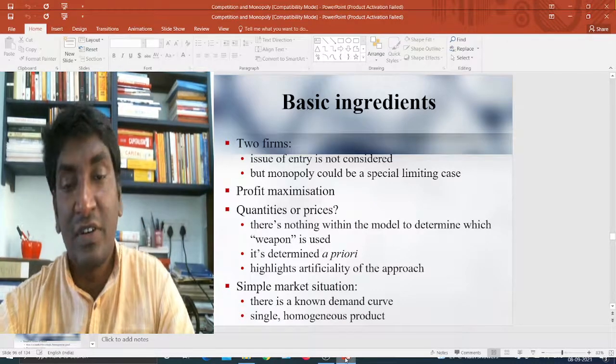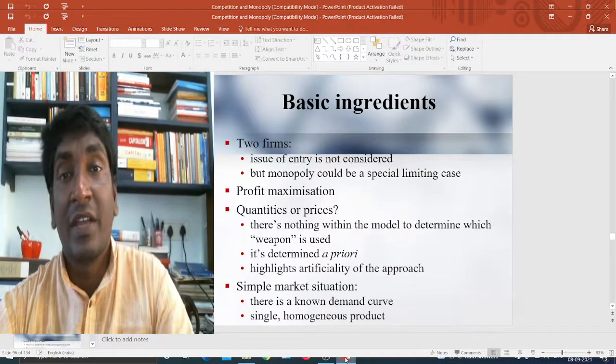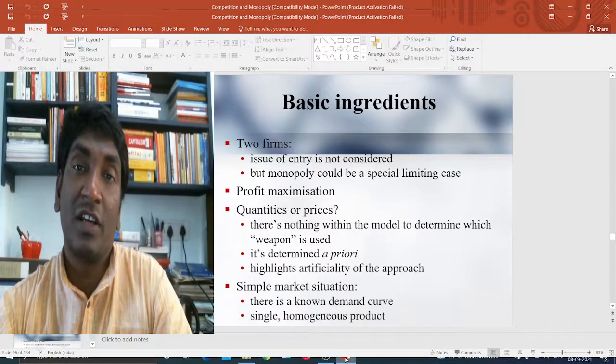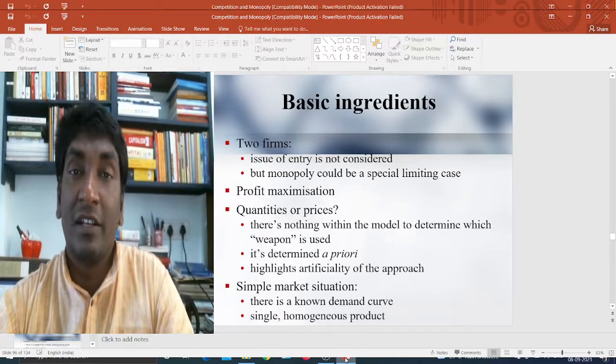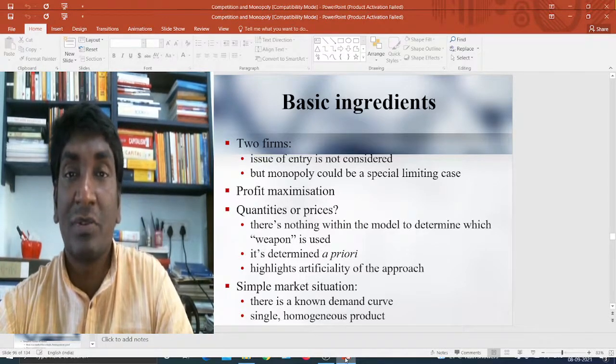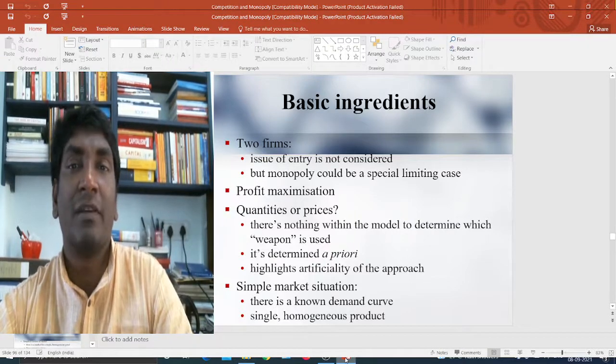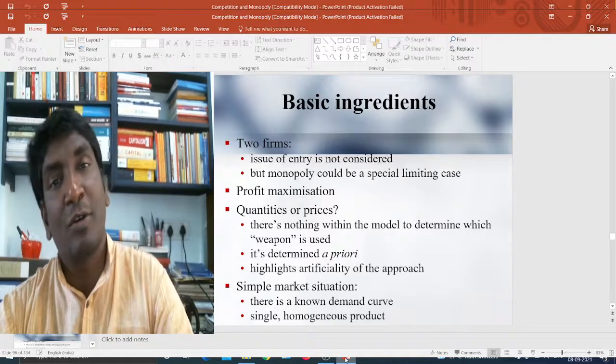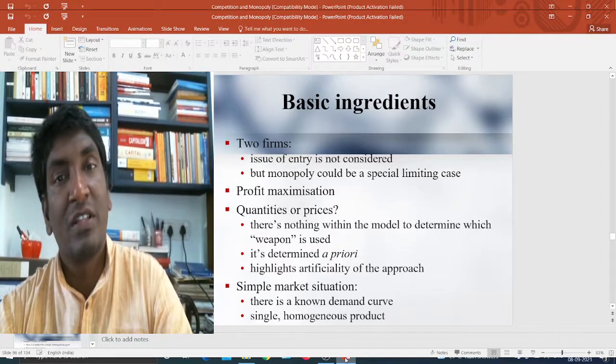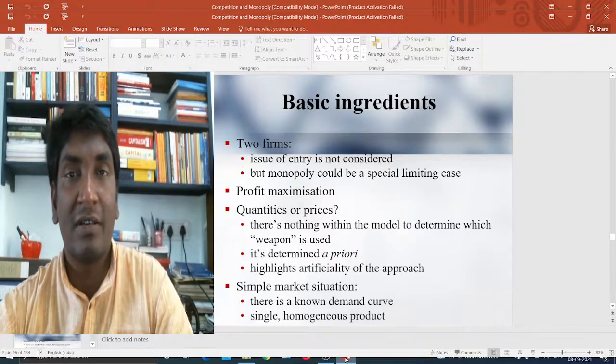So this is the difference. Any market theory, including perfectly competitive theory, in fact starts with this duopoly model. So it has a wide range of implications as well as applications in the real world, and most theoretical formulation is based on this.